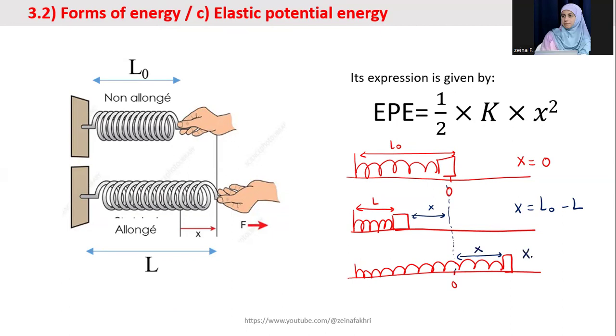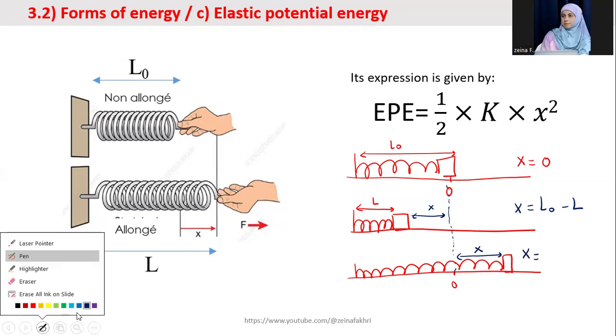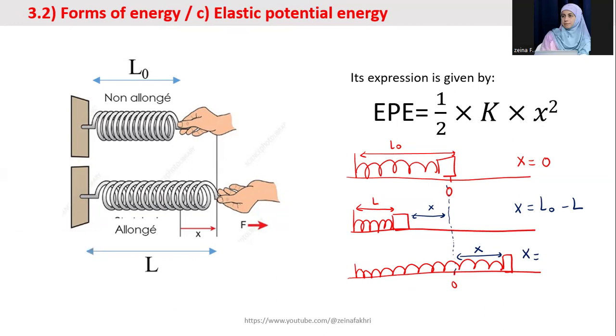Now, in this case, this whole part is L. So we get that x is equal to L minus L0. So in all the cases, we can say that x is equal to the absolute value of delta L, which is the variation of the length when we have compression or elongation of the spring.